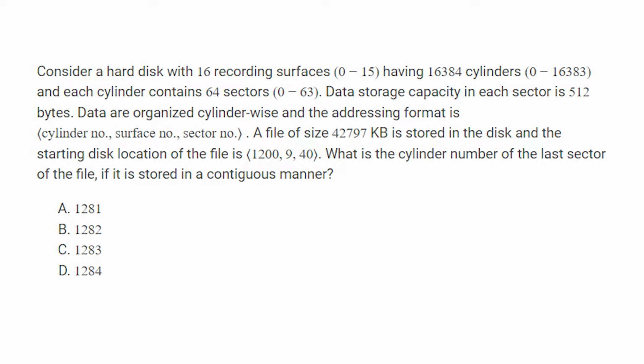Data are organized cylinder wise and the addressing format is cylinder number, surface number, sector number. A file of size 42,797 KB is stored in the disk and the starting disk location of file is 1200,9,40. What is the cylinder number of last sector of file if it is stored in a contiguous manner?